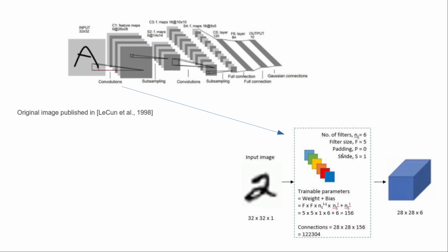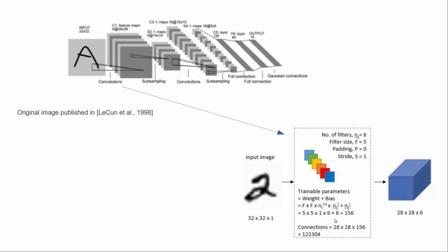So during the conv2d, the total trainable parameters will be the total weights plus bias, because y equals wx plus bias. The total weights will be the filter size, 5 by 5, multiplied by the input channels and output channels. My input channel is 1, output channel is 6, and to this multiplication I have to add the bias term, which is 6.